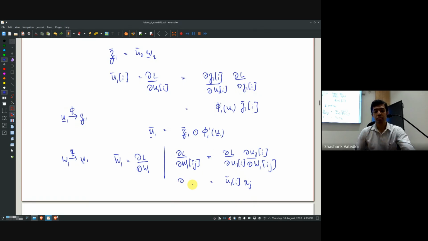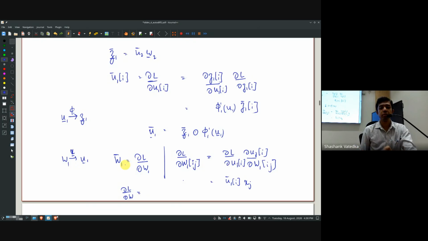So if you had to represent this in a succinct form, what is the partial derivative of L with respect to the matrix W? Can you represent that in terms of vector operations on U1 bar and X? Sorry, you're close, but it's not U1 bar transpose X, which will give you a number, right?